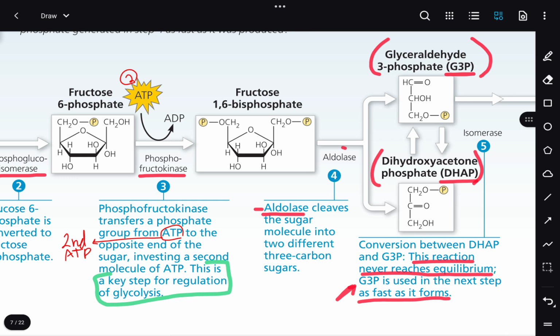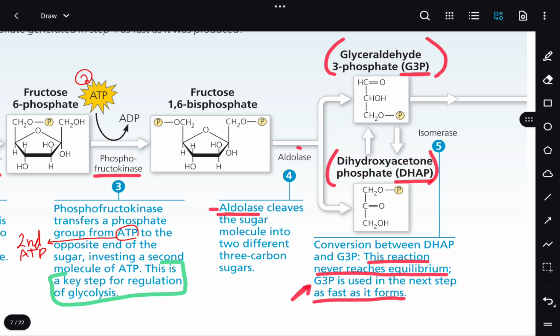Now we have the final product. What's so special about fructose 1,6-bisphosphate? It's the final product that has 6 carbons in its structure, because in the fourth step, aldolase will cleave the fructose 1,6-bisphosphate into G3P and DHAP. Those two are the first 2 three-carbon products which will later on become pyruvate.